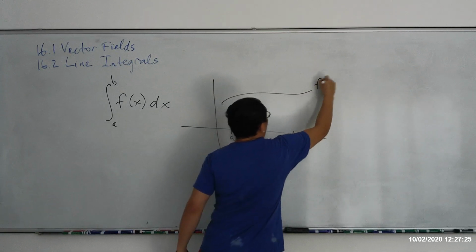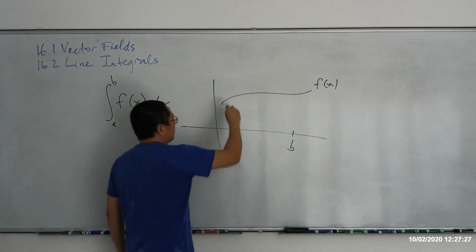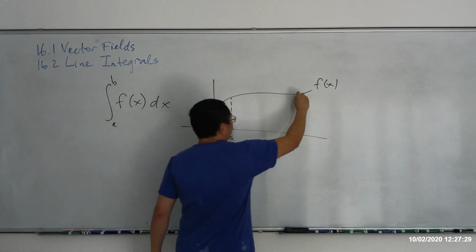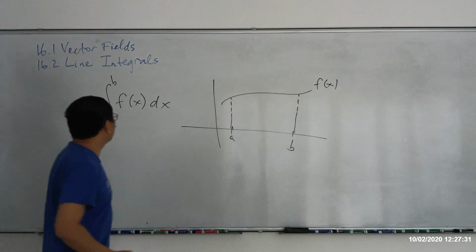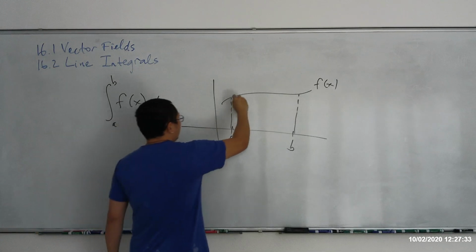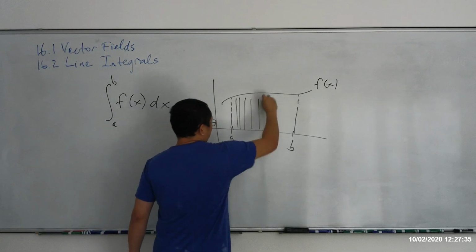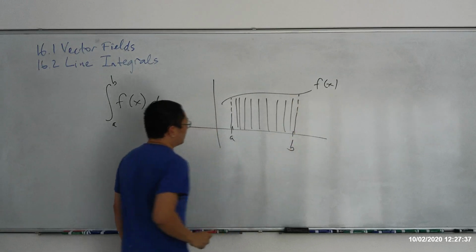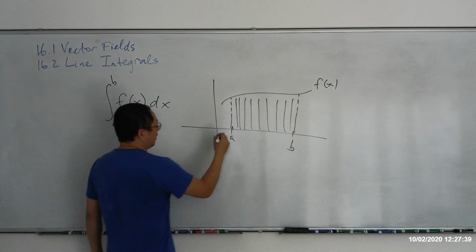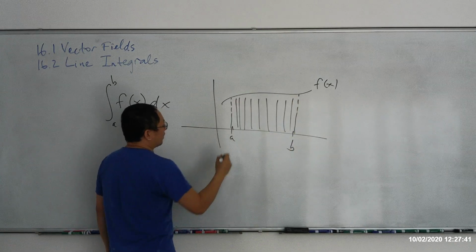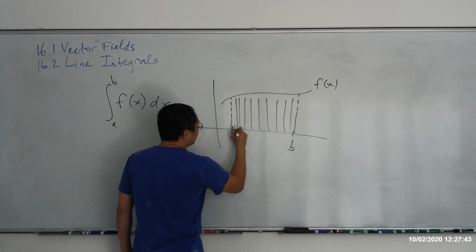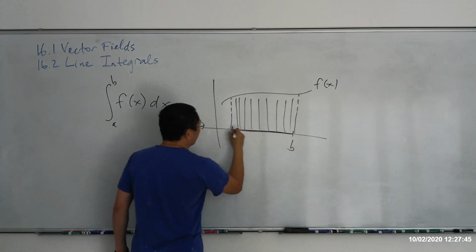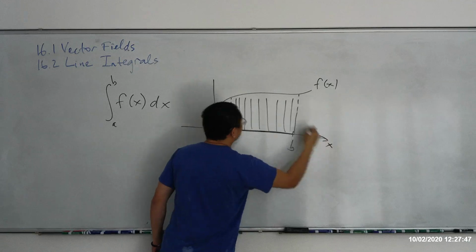This is the function f of x. And the Riemann integral, the integral from a to b of f(x) dx, is really the area. So in other words, we're looking for the area of the region above the line segment running from a to b, a straight line on the x-axis. Okay?